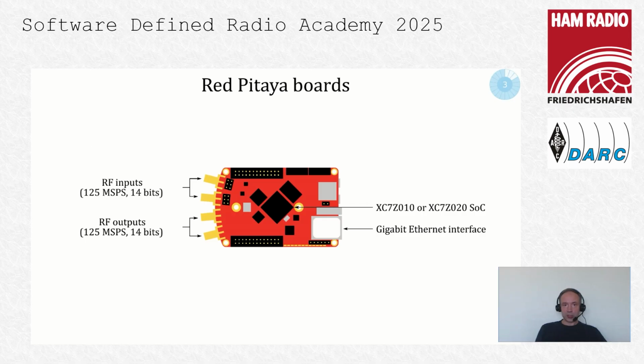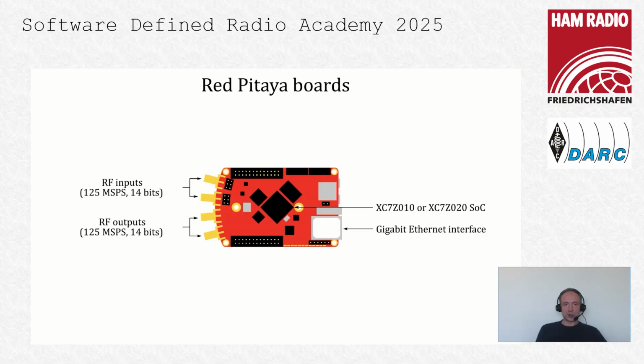And to give you an idea of what kind of projects from the hardware point of view I'm working on, here's an overview of the original Red Pitaya board and its main components related to SDR applications. So Red Pitaya has two RF inputs connected to two fast ADCs, analog to digital converters.